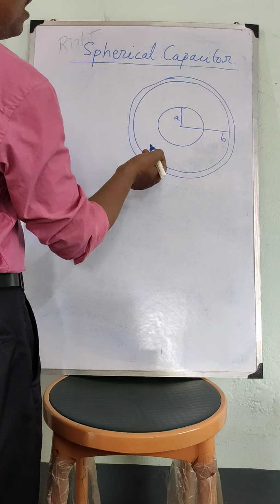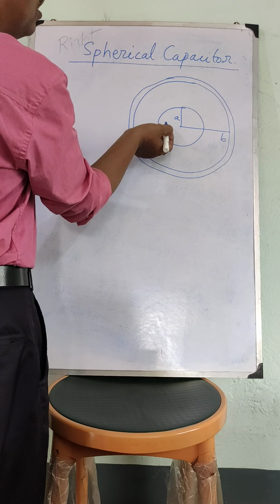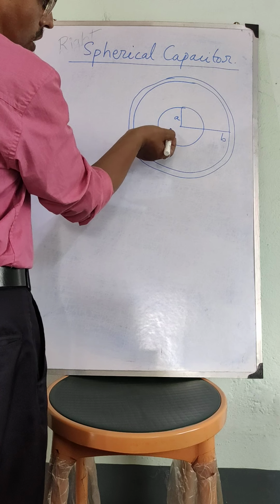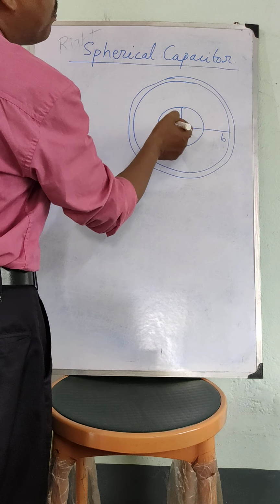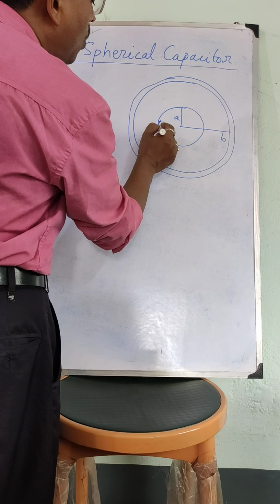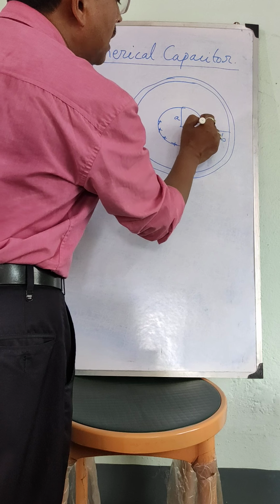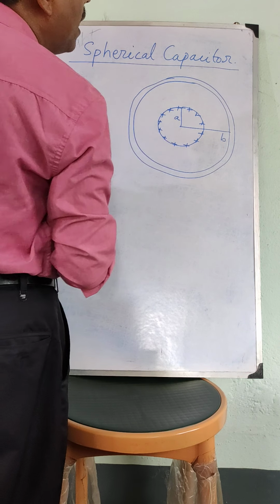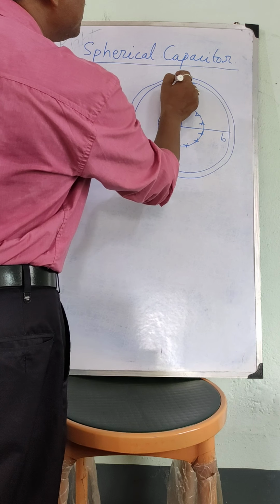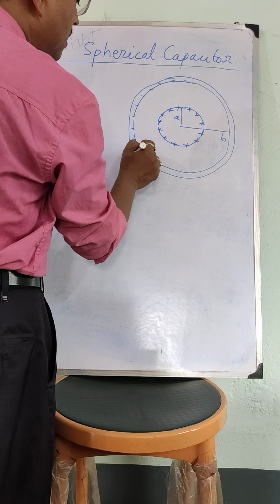Now, like our previous case, in the case of cylindrical capacitor, we put negative charges on the inner cylinder, but here suppose we are putting positive charges on the inner sphere, and we are putting negative charges on the outer conducting spherical shell.